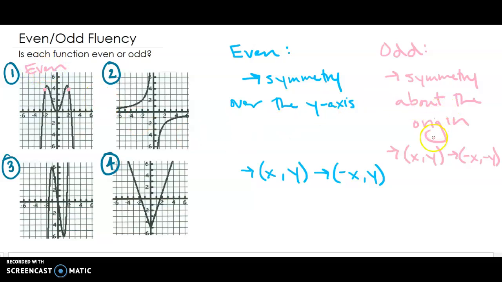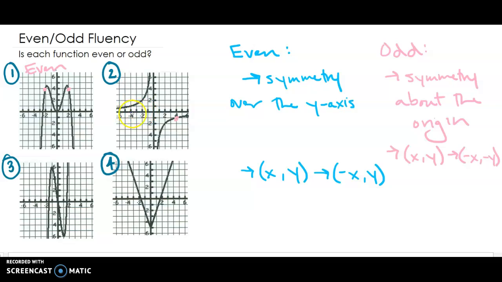What we notice about odd functions is that they're symmetrical about the origin. If you were to take your graph and turn it or twist it 180 degrees, and it looks the same, then you're going to have an odd function. Another way to think about that is that if you have the point x comma y, we'll say in number 2, the point positive 4, negative 1, we should have the point negative x comma negative y.